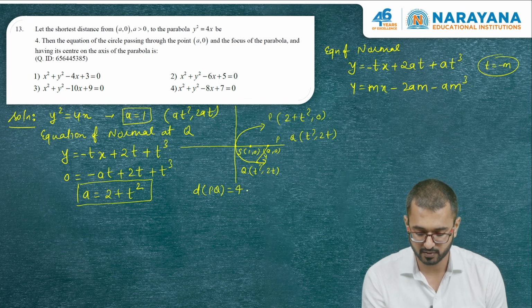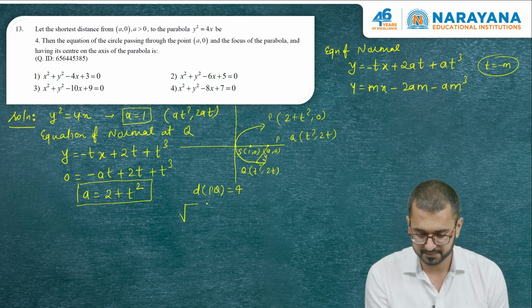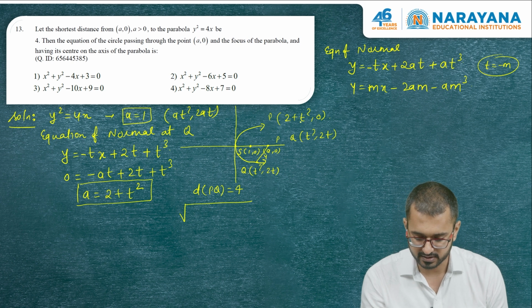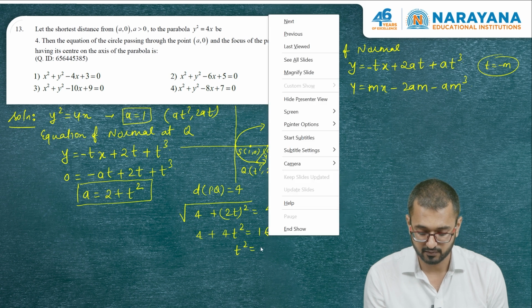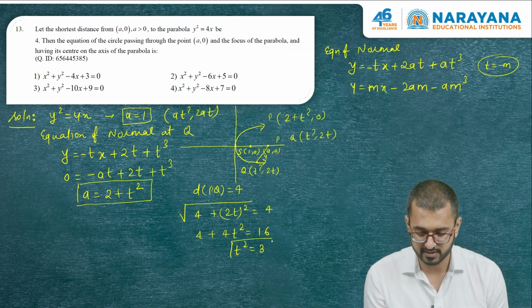I'll be getting 4 is the square root of, 2 plus t square gets cancelled, so we get 4, and then plus 2t the whole square is equal to 4. So let's square it. I'll be getting 4 plus 4t square is equal to 16. From here t square will become 16 minus 4 is 12, and 4 3s are 12. So t square is basically 3.